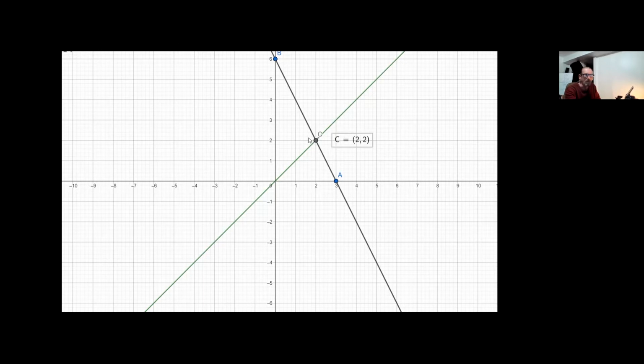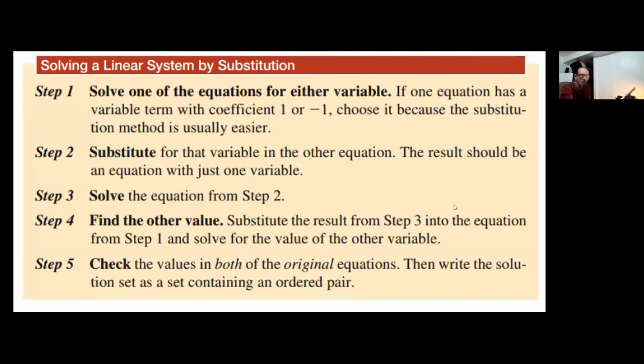Now we're going to take a look at solving this by an algebraic method, substitution. The idea when solving a linear system of equations, in this case a 2x2 system, if we're solving algebraically, is to go from having 2 equations with 2 variables down to 1 equation with 1 variable.